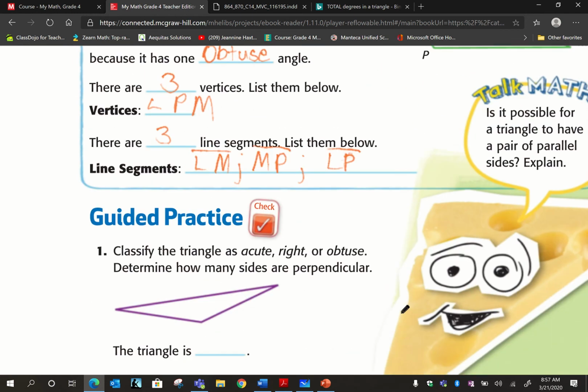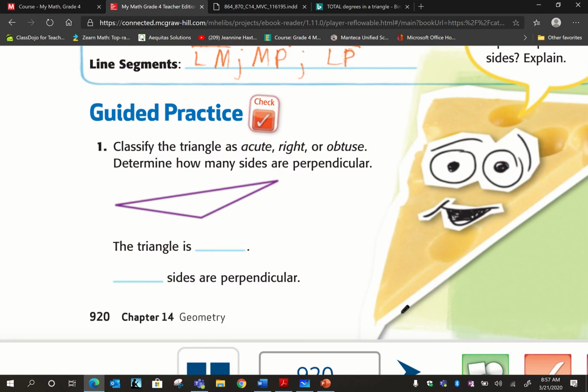Okay, so going down to the guided practice. Classify the triangle as acute, right, or obtuse. Again, I do see two acute angles, but to be acute, it must have three. So I'm judging this angle. Is it a right angle or is it obtuse?